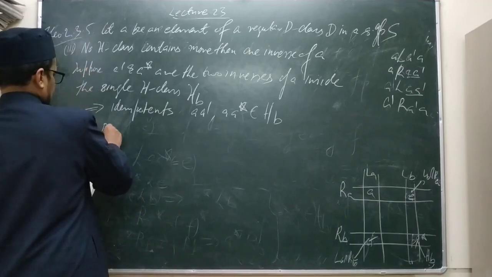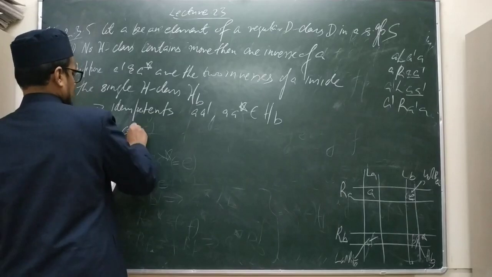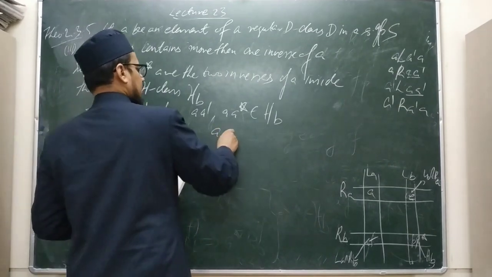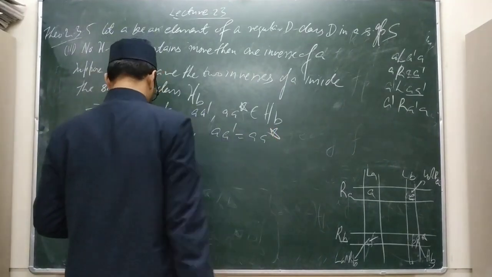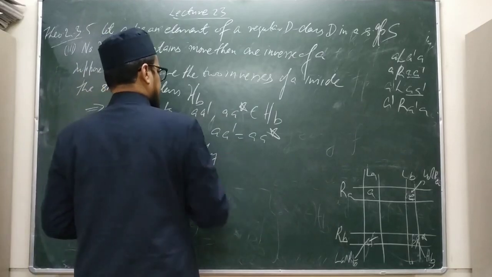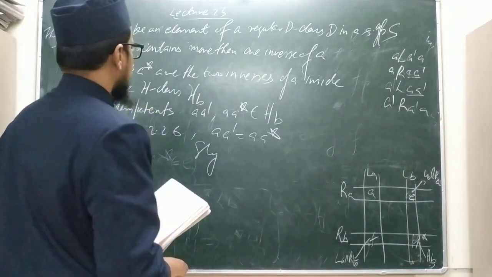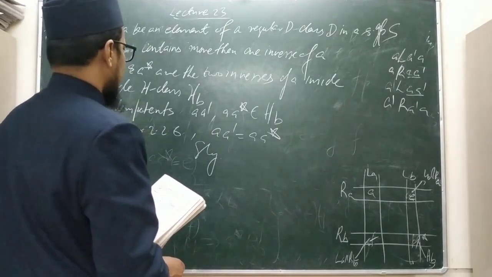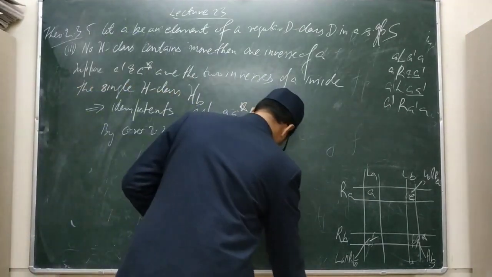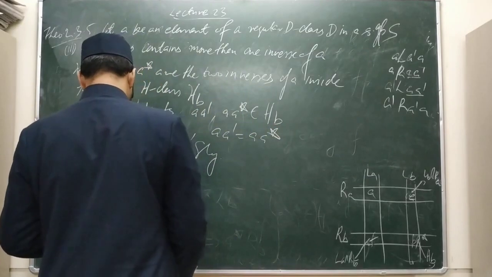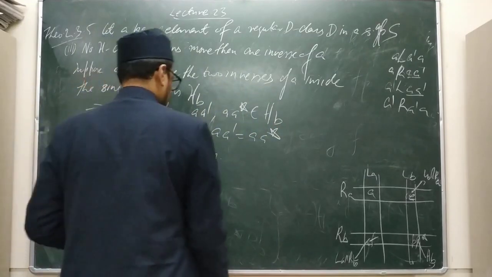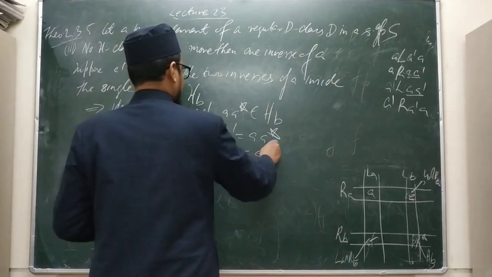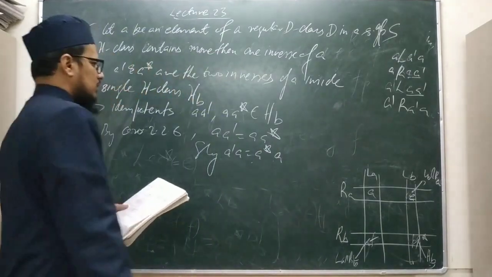So by corollary 2.2.6, we have seen that A dash A is equal to A star A. Similarly, the idempotents A dash A and A star A both will be equal, isn't it?